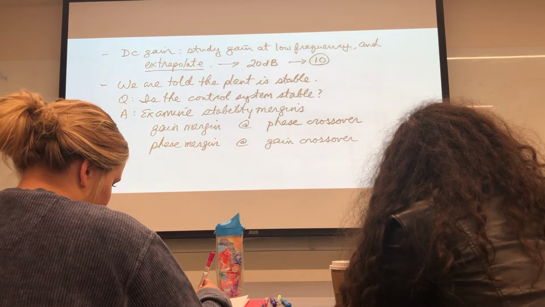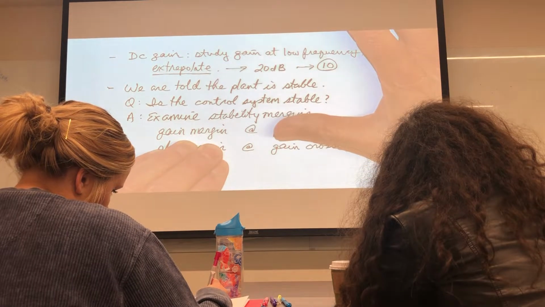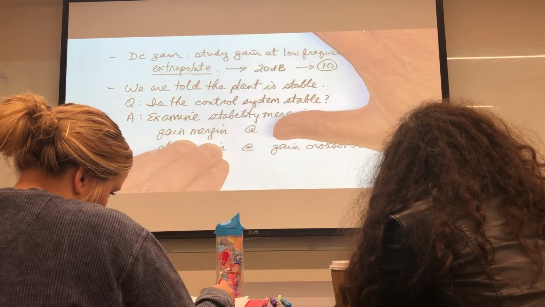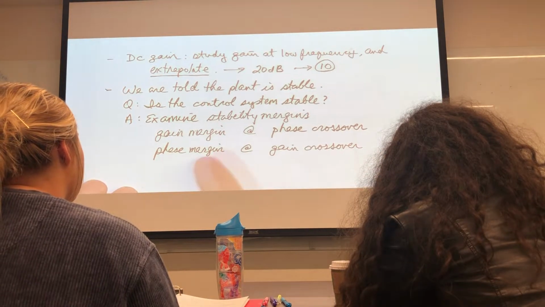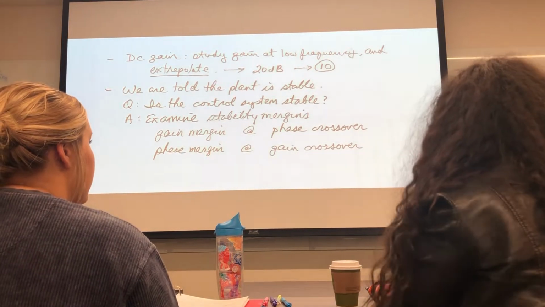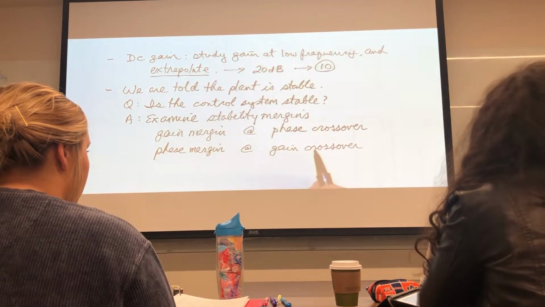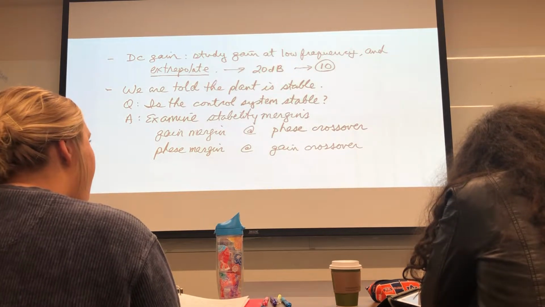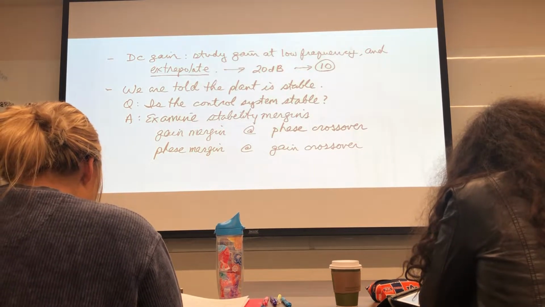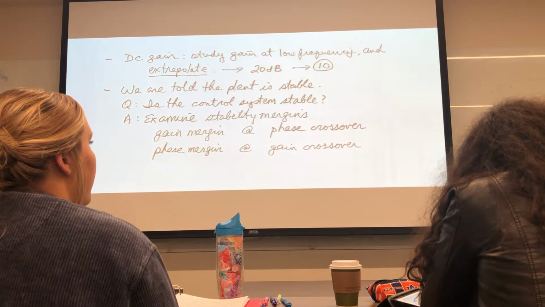Do not confuse things and say I measure the gain margin at the gain crossover, nor that the phase margin is measured at the phase crossover. No. The pairing goes like this: gain margin measured at the phase crossover, phase margin measured at the gain crossover. 4 numbers that we want to be able to read on the Bode diagram and on the Nyquist plot.